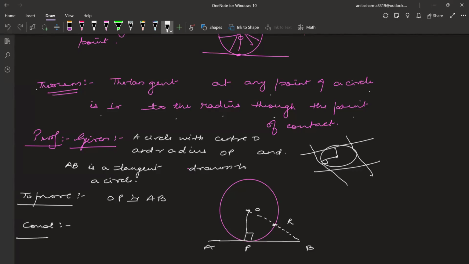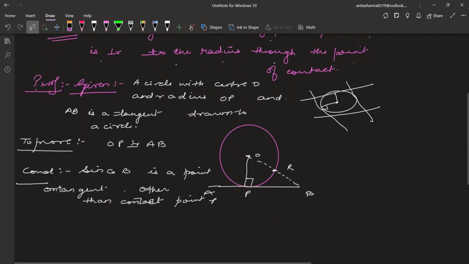So you will write, since B is a point on the tangent other than the contact point P, this B lies outside the circle now. Right, beta? Yes, ma'am. So B lies outside the circle.